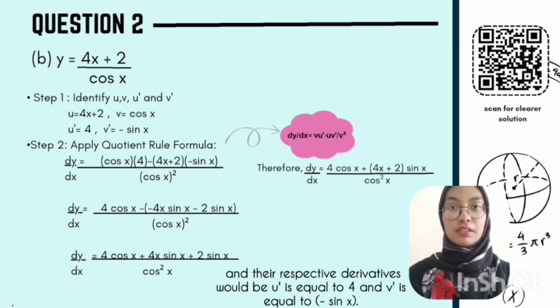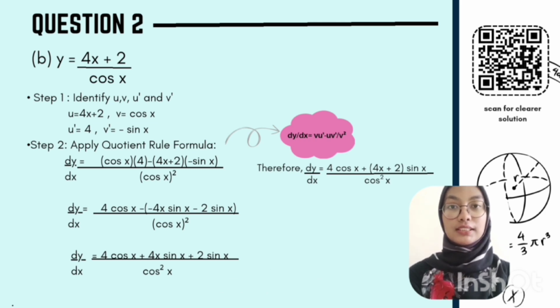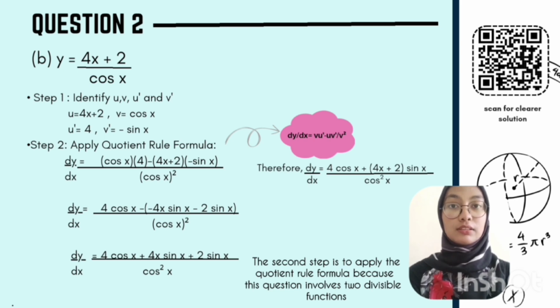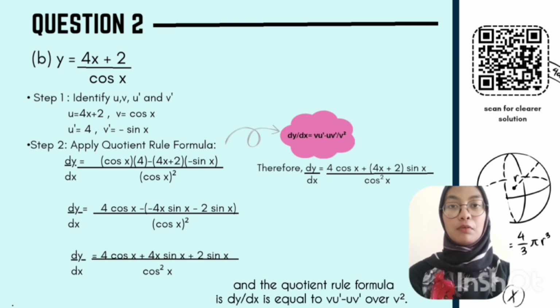And their respective derivatives would be u prime is equal to 4 and v prime is equal to negative sin x. The second step is to apply the quotient rule formula because this question involves two divisible functions, and the quotient rule formula is dy over dx equals (v u prime minus u v prime) over v squared.